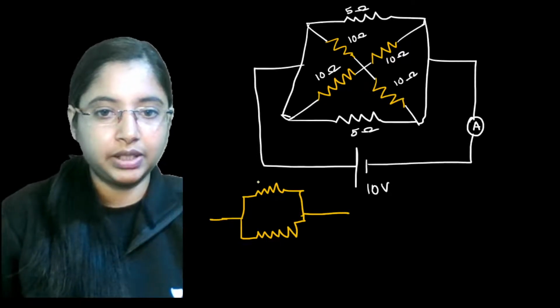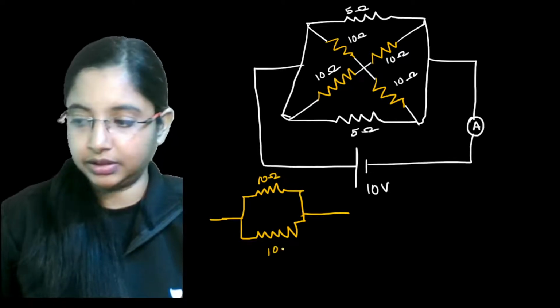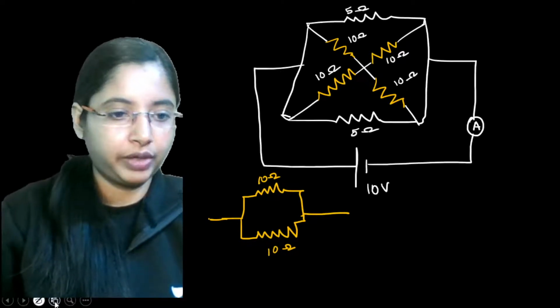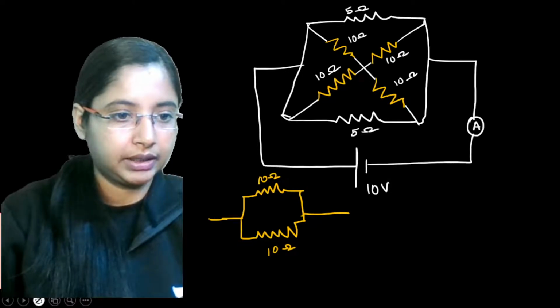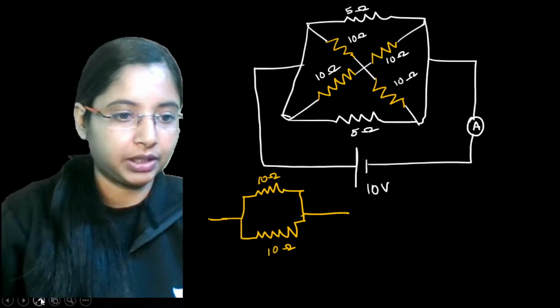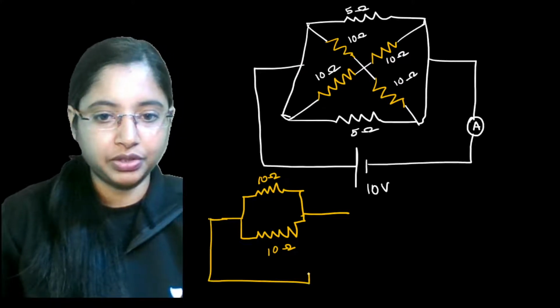Okay, so let's say this is one 10 ohm resistor, this is another 10 ohm resistor. See, from these two ends over here, it is connected to the positive terminal. So from these two ends, we are actually connecting it to the positive terminal.